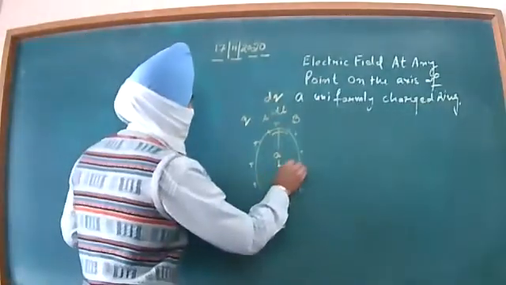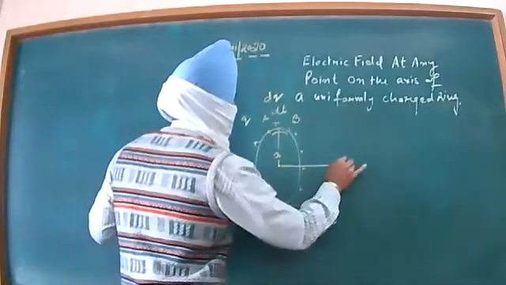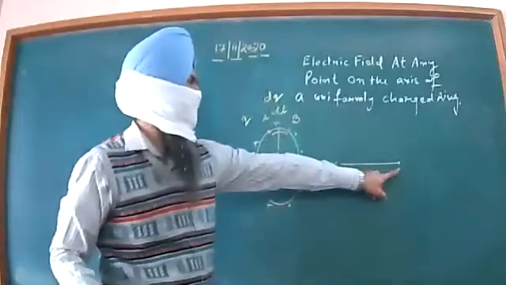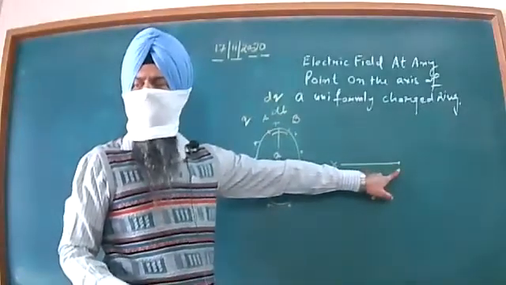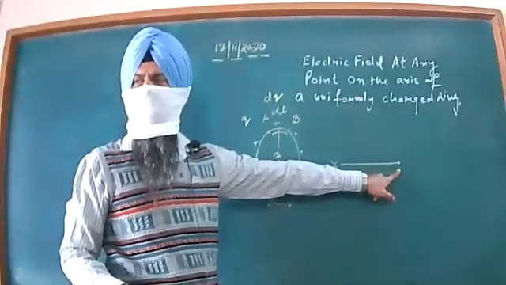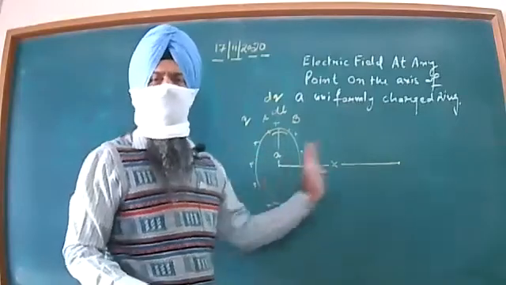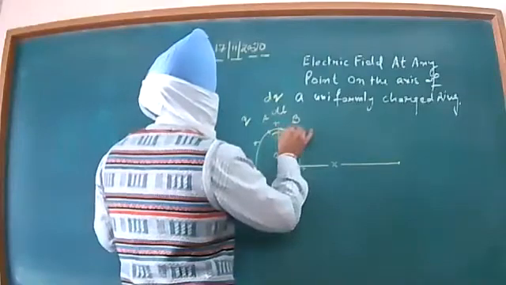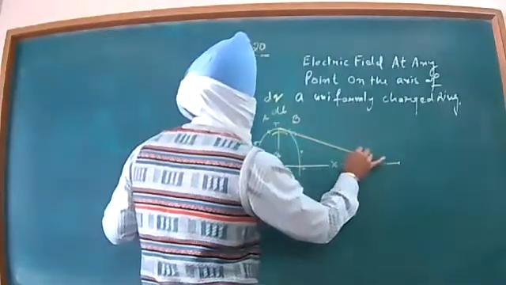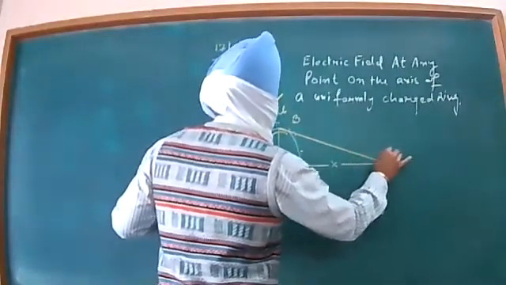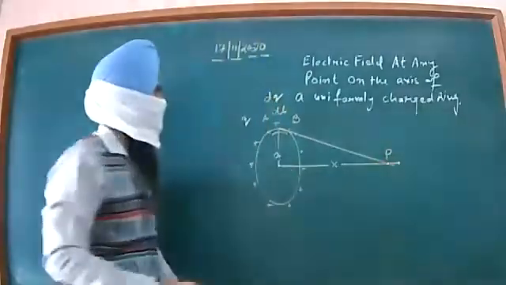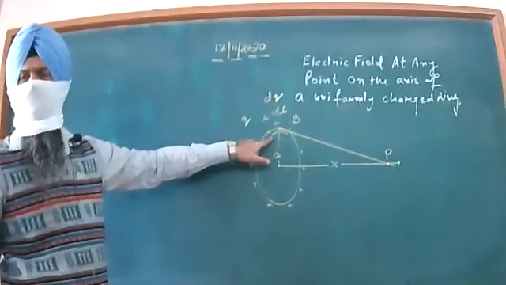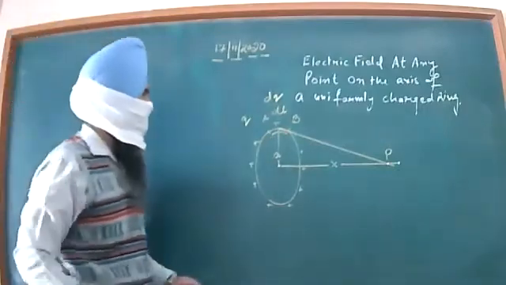And imagine that x is the distance of the observation point lying on the axis. Whenever we talk about the line passing through the center and extended both ways, this is called the axis. And imagine here we have a point P where we intend to calculate electric field intensity due to this small element, beta.